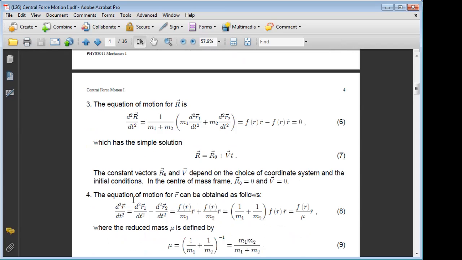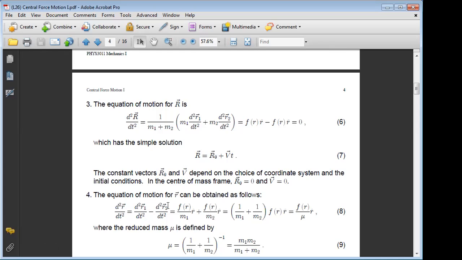On the other hand, the equation of motion for the relative coordinate can be obtained as follows. We differentiate the r vector twice. Then we have two terms. The first term is r1 double dot.